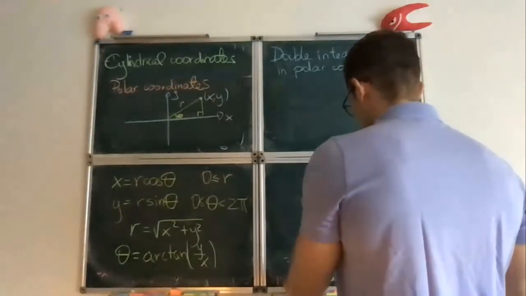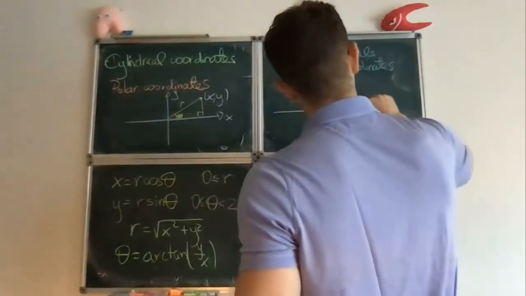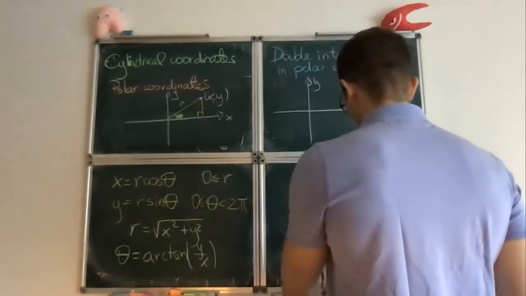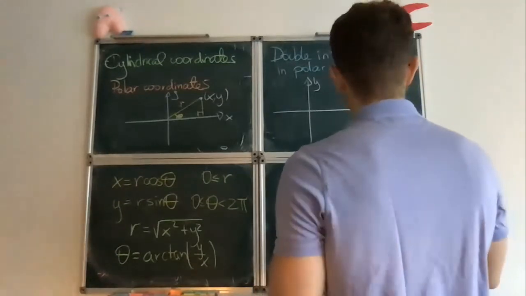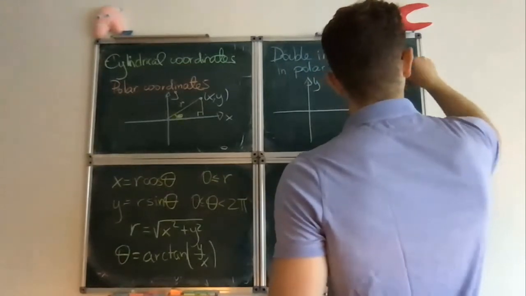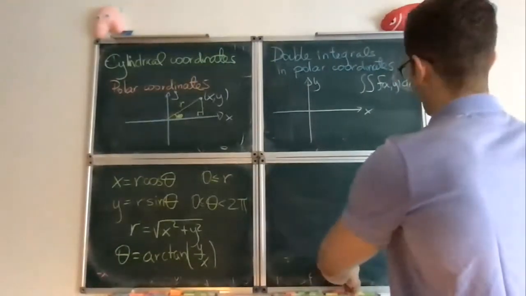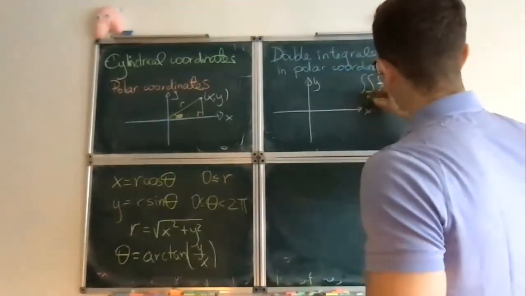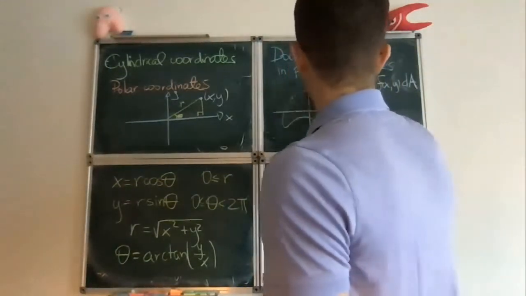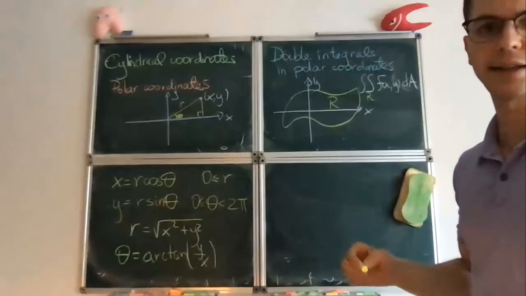Remember that for a double integral, we want to study the integral of a function of two variables over some region R, where R is not necessarily a rectangle anymore, because we have considered more complicated cases.